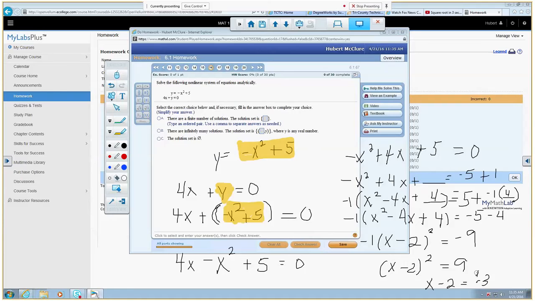Thank you for the interaction. So, positive or negative 3 plus 2. So what's 3 plus 2? 5. And what's negative 3 plus 2? Negative 1. So your x-intercepts are negative 1 and what? Positive 5.